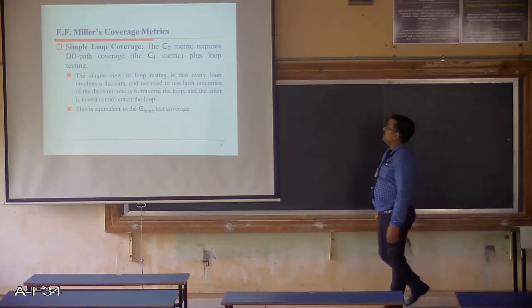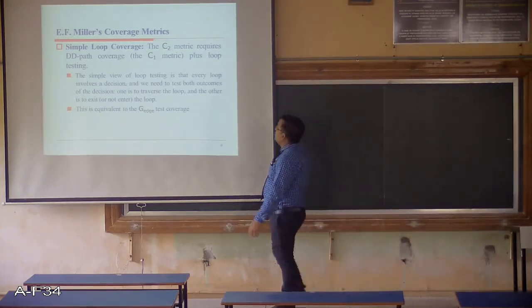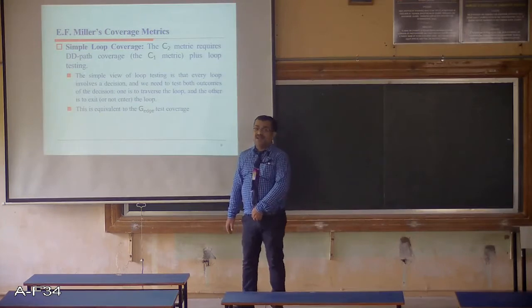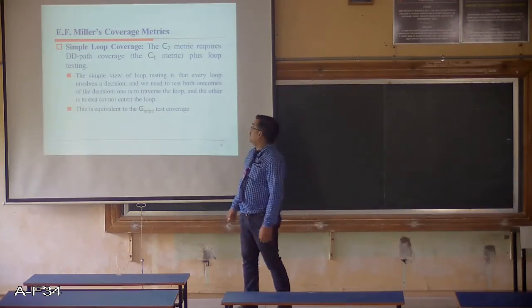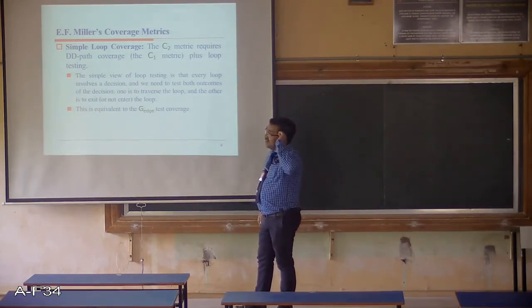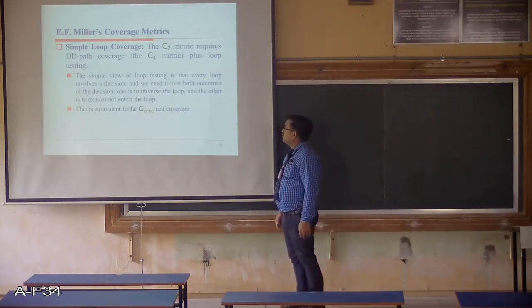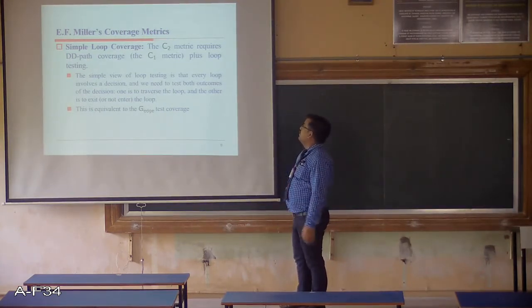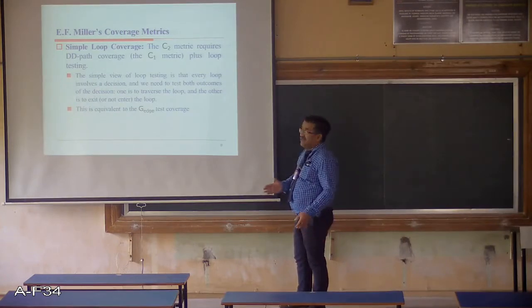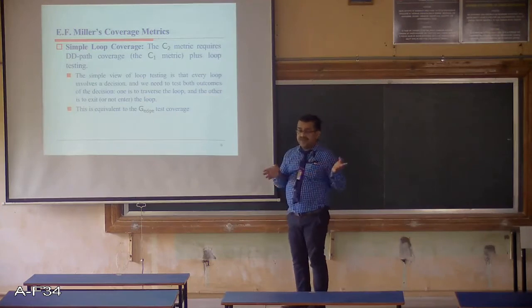Another definition is simple loop coverage, which is indicated by Miller by the matrix C2. C2 means the DD path plus the loop coverage. The simple view of loop testing is that every loop obviously involves some decisions, some predicates, right?